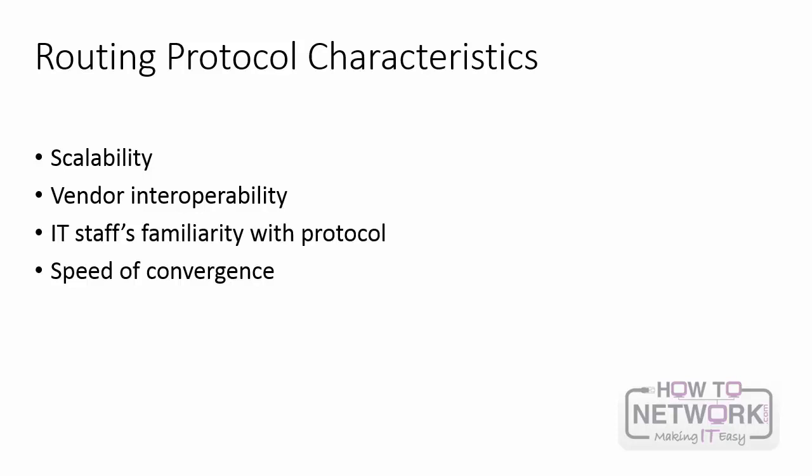Now, some routing protocols have faster convergence times than others. This is important because when a network is not in a steady state, data can be dropped or looped within the network. You should know that RIP and BGP might take up to a few minutes to converge. By contrast, OSPF and EIGRP converge in just a few seconds.